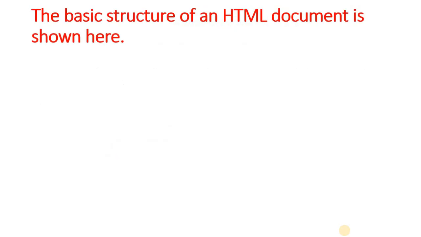Let's see the basic structure of an HTML document. HTML tag. HTML tag identifies the document as an HTML document and it is a container tag. It has opening and closing tags. The entire code to design a web page is written in between opening and closing HTML tags.